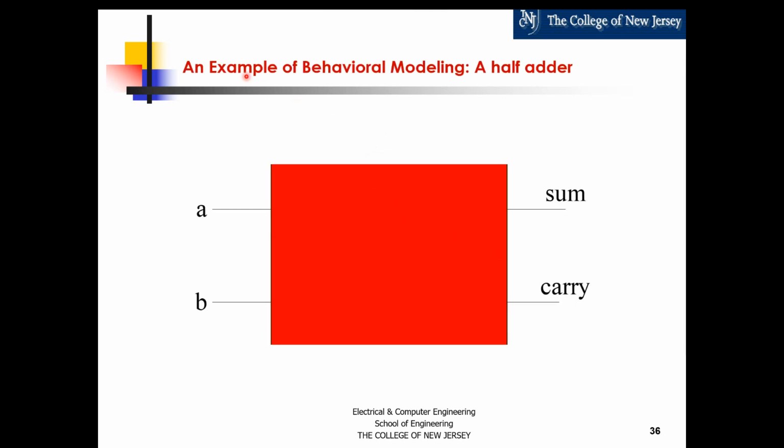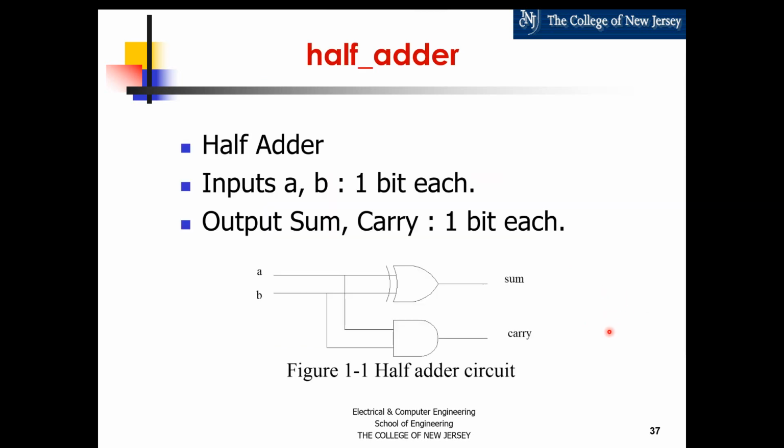Let's say you wanted to have a behavioral model of a half adder, okay? And we all know how a half adder looks. We have two 1-bit inputs, and we have a sum bit output and a carry bit output. If you were going to do the schematic, it would look like that.